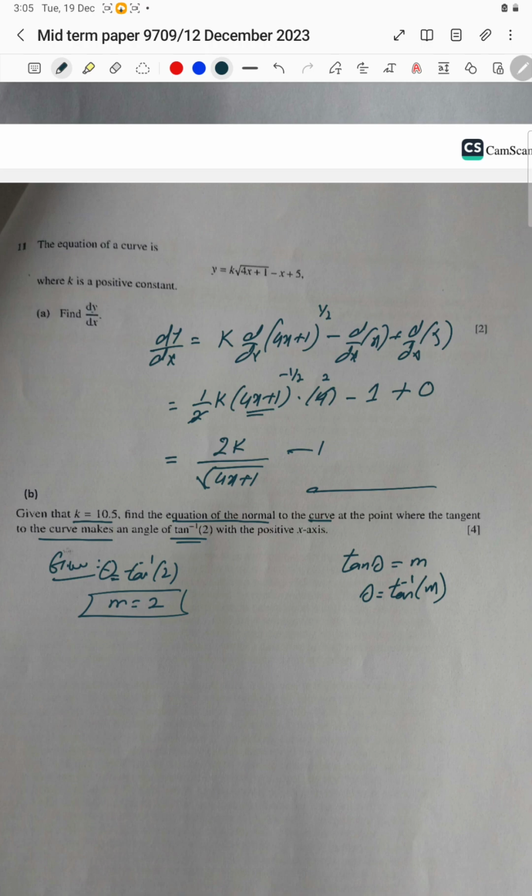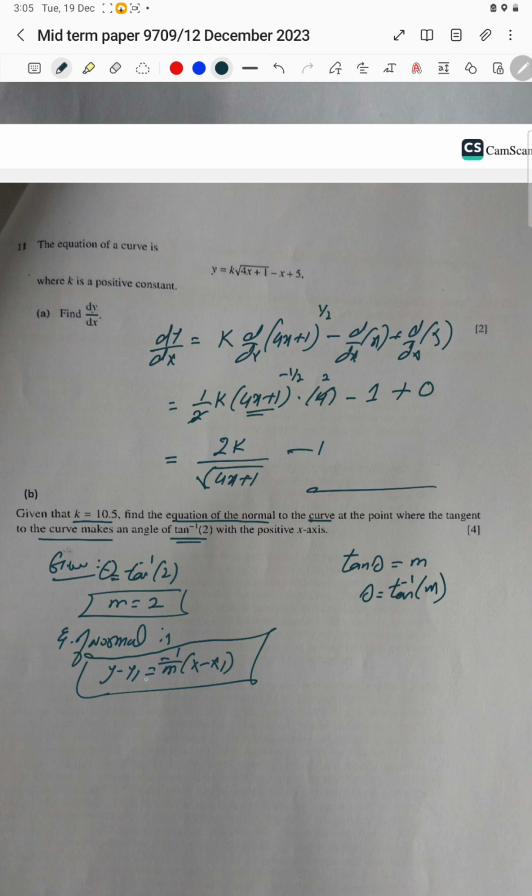Therefore, the equation of normal is y minus y1 equal to minus 1 upon m into x minus x1. This is the equation of normal. For this I need to find the point.